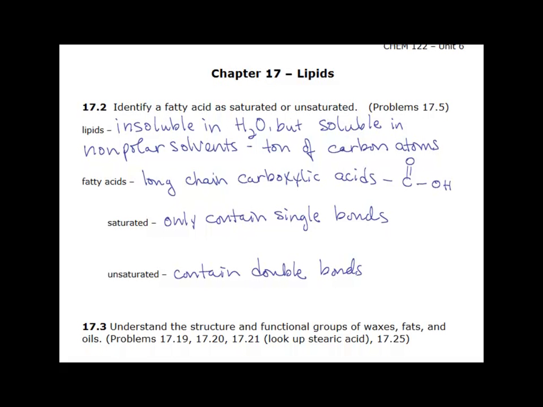Now these double bonds naturally occur as cis double bonds. You remember cis and trans, right? Of course, or you're in the process of studying for that. So a cis double bond, this would be an example of a cis double bond where you have the groups on the same side of the double bond.